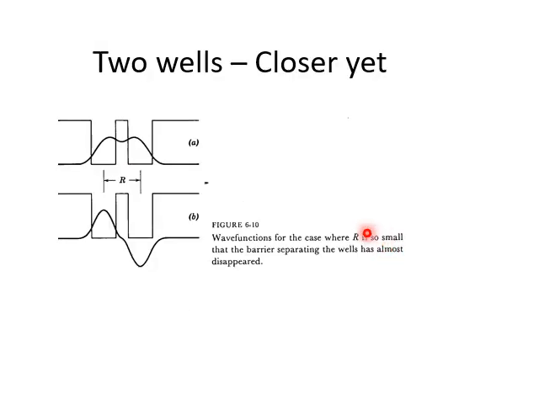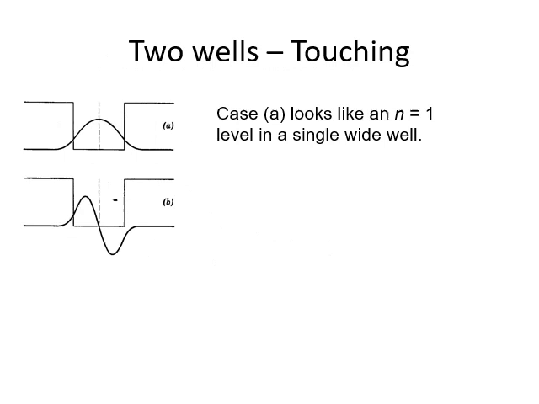If I put them closer still, then this one clearly doesn't go to 0, and this one has to go to 0. So again, the wave functions will look very different from one another. And then when I put the two wells so that they're just touching one another, we can't put them inside one another, but so that they're just touching, then the lowest energy wave function for the just touching state, when it is symmetric about the center, looks like the n equals 1 level, the ground state of a single wide well.